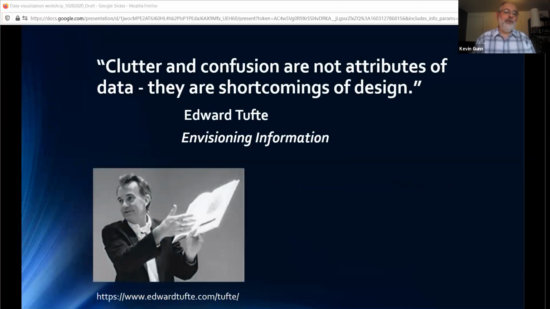Well, for those of you who are somewhat older, one of the big gurus at least of visualizing information, designing information, is Edward Tufte. So he's one of the oldest proponents of good visual displays. He brought data and design together in a print format.